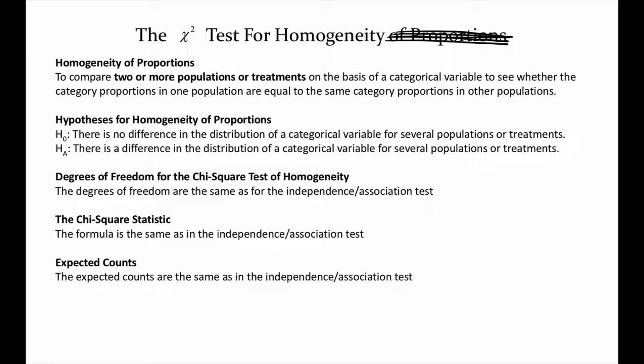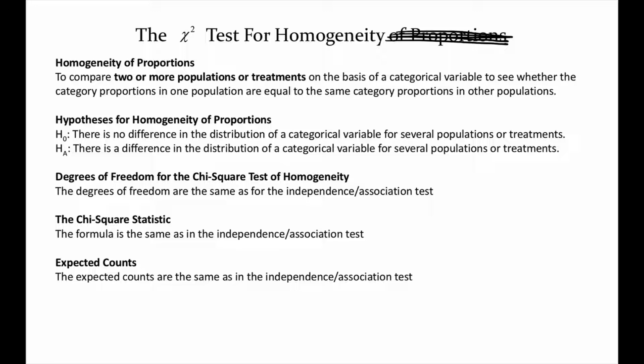You can test multiple populations, or two populations. If you were only going to test two populations, I would just use a two-sample proportions test. But for homogeneity, you can test 3, 4, 5, 6, 7 populations to see if they're homogeneous in a specific way.